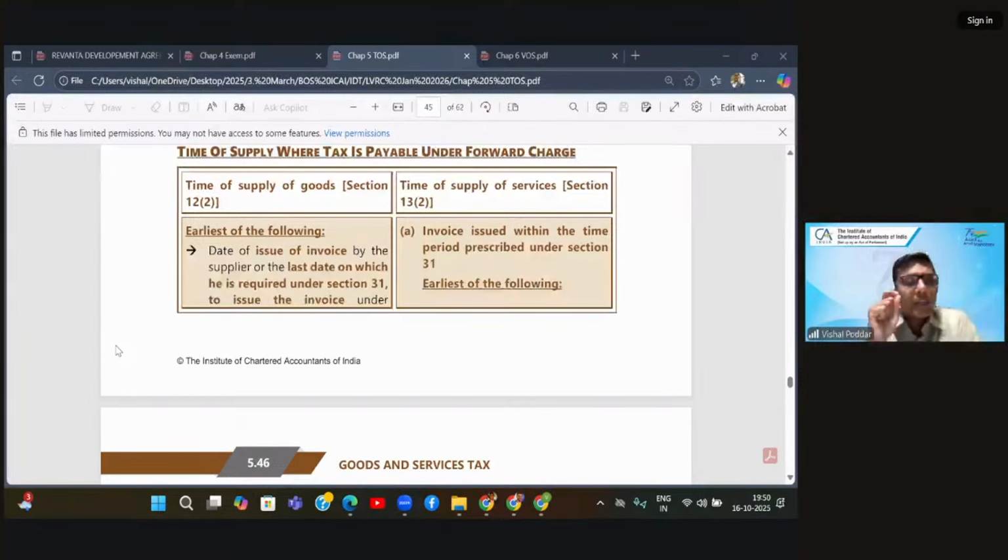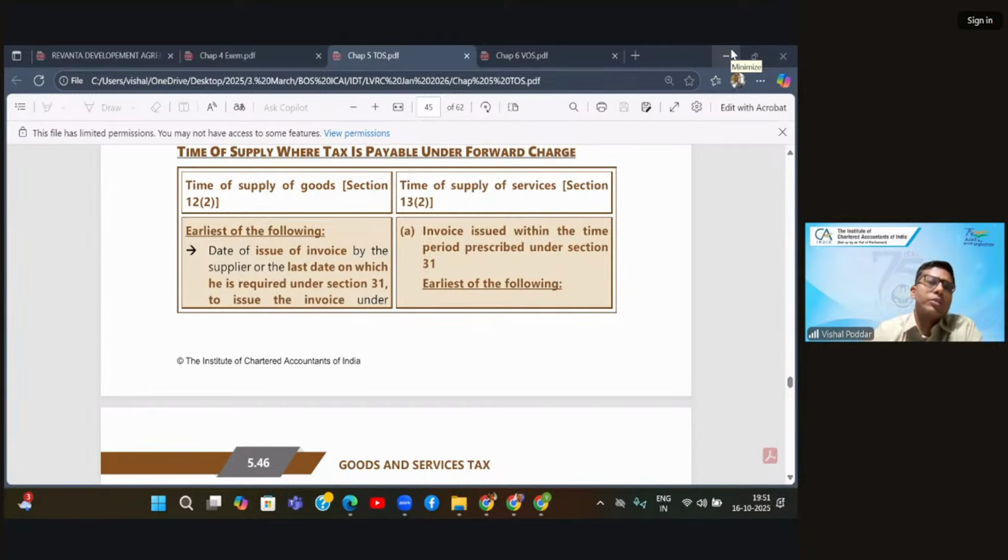The answer is, it is the proportionate value of services performed till this date of cessation. So it won't be the entire 5 lakhs. Whatever services I have performed till this date, we have to find out the proportionate value. That value will be taken as the taxable value, and on that value you will have to pay tax on the earliest of these three dates. So that is the first scenario.